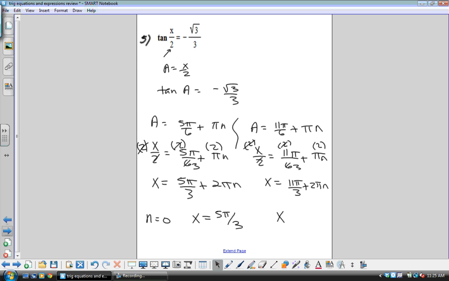So that is too big. Okay, so really, this is all I'm going to have. All the other solutions here end up just being too big, because 11 pi over 3 would be bigger than 2 pi. So it's only one solution there. I believe that's all the ones with the coefficients.